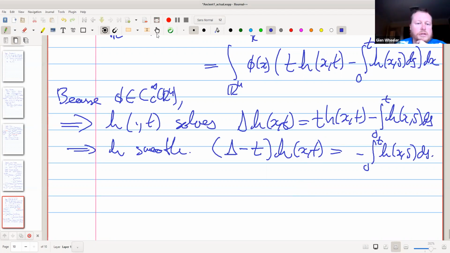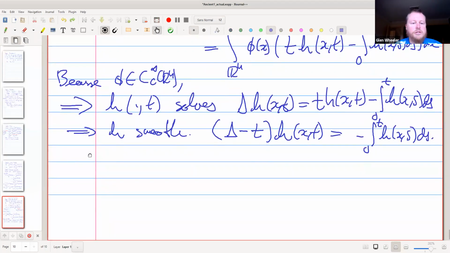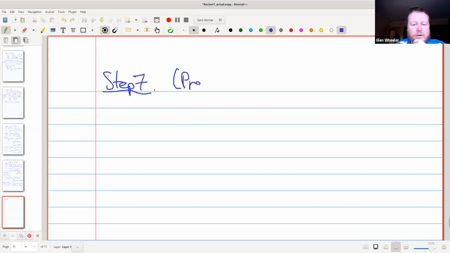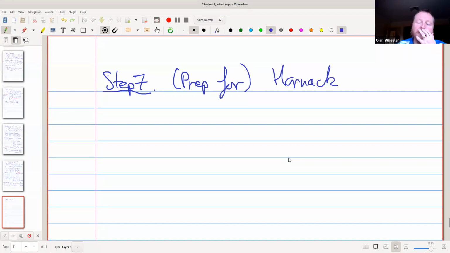I think I'm getting close to the end of this page. Yeah, so let's make a new page. Okay, so now the next step, Paul, correct me if I'm wrong, but maybe it's step 7, I hope. We're preparing for Harnack. Okay. All right.